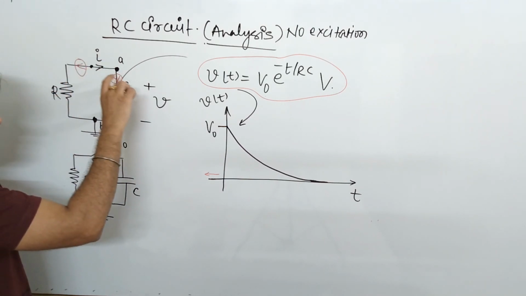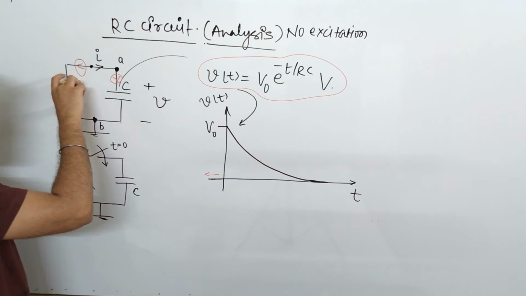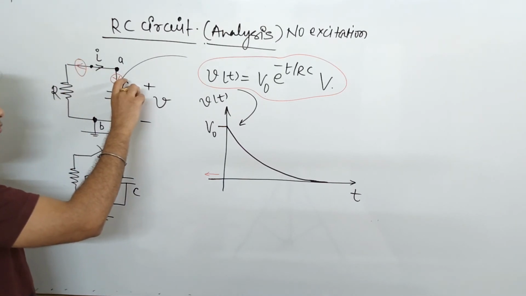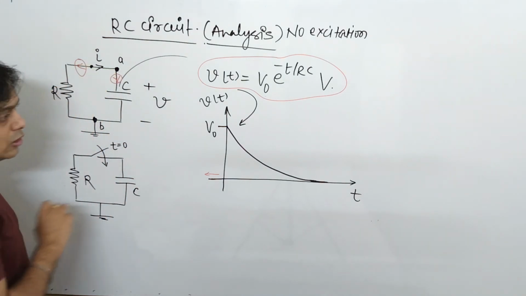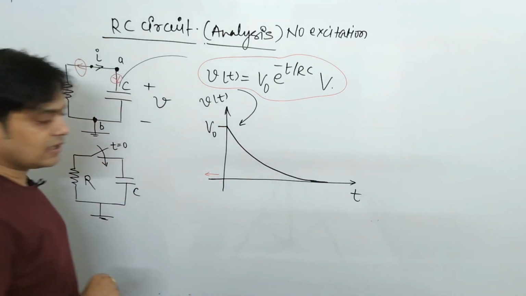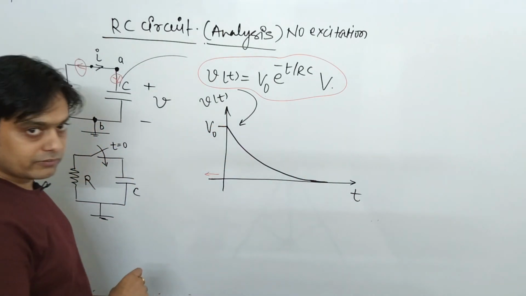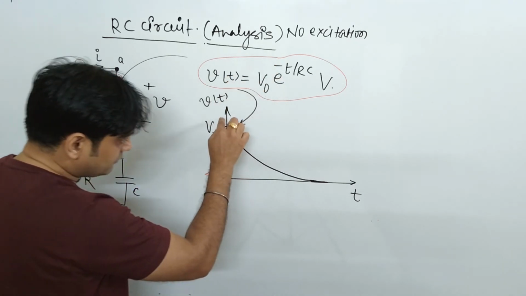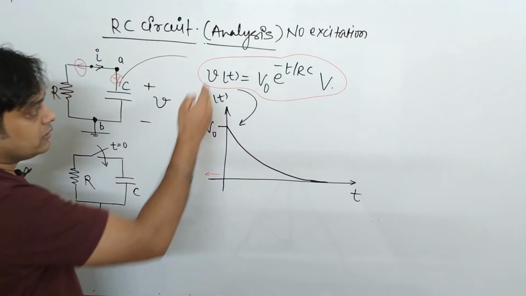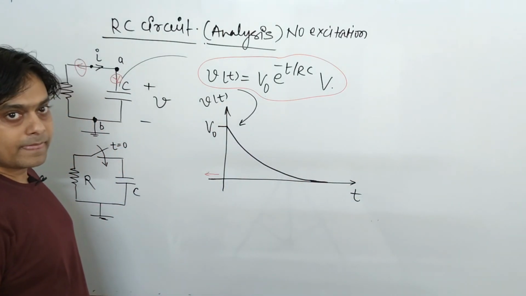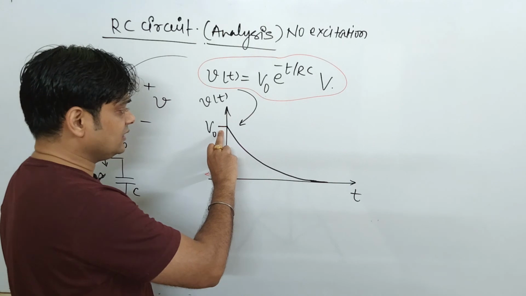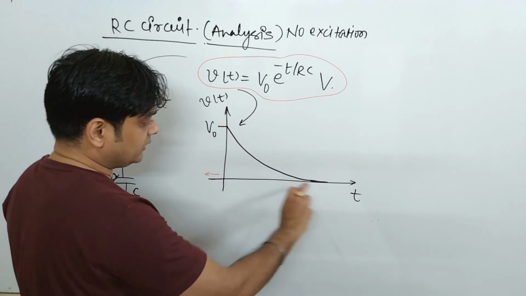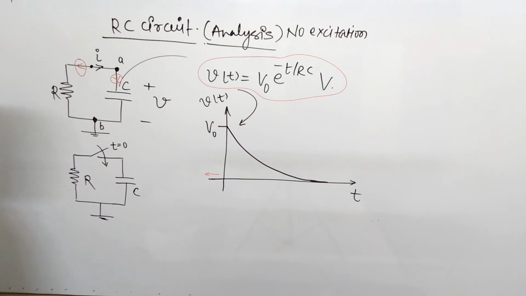The capacitor starts discharging through this resistance. This is your discharging curve. After t equal to 0, the voltage got discharged. So one thing we understand is that if a capacitor is initially charged by some voltage, after some time it gets discharged when connected across a resistance R.